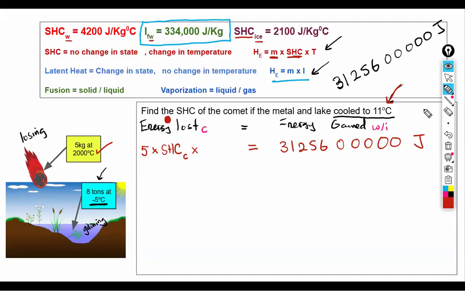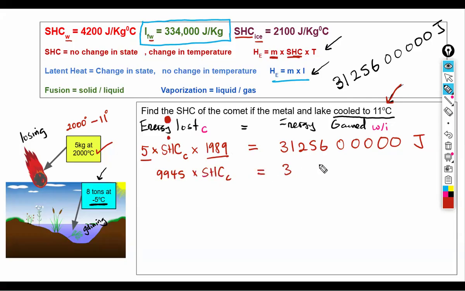So 2000 minus 11. At this point I know a few people will ask, 2000 minus 11 degrees Celsius is 1989. So solve for the specific heat capacity. I'm going to multiply the 5 by this. You're going to get 9945. Well, I multiply the 5 by the 1989 specific heat capacity of the comet.